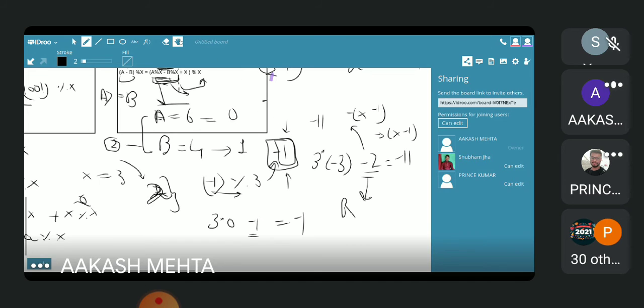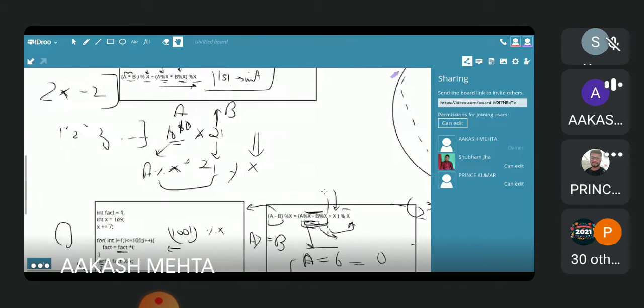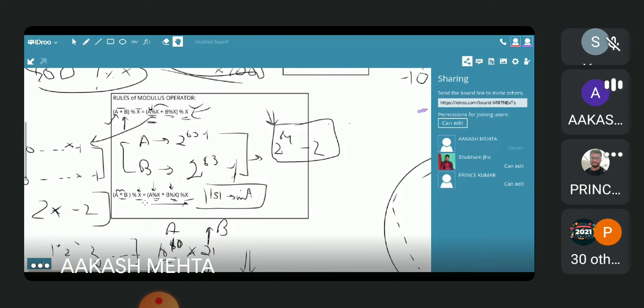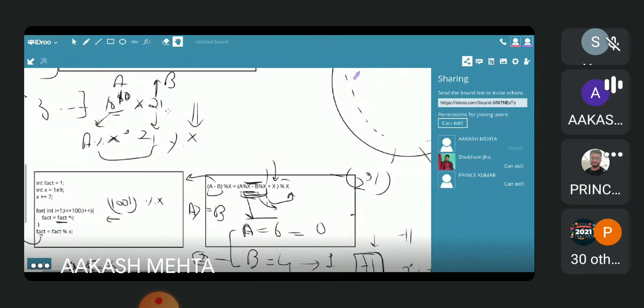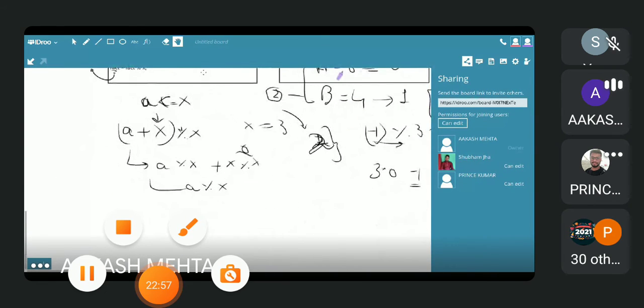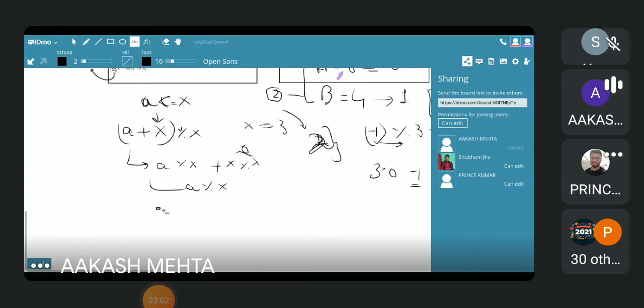These are the three properties: on multiplication, on addition, and on subtraction. On division, this property doesn't hold directly. In a further class, we will let you know how to calculate that. Let's say you want to divide a by b and calculate modulo x.